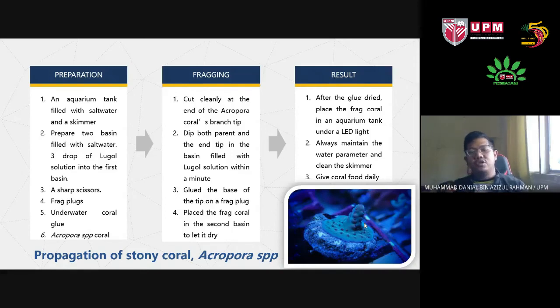The function of Lugol solution is to heal the coral after being propagated. Then one sharp scissors, a frag plug, underwater coral glue or aquascaping glue, and lastly the material itself, the Acropora species coral.